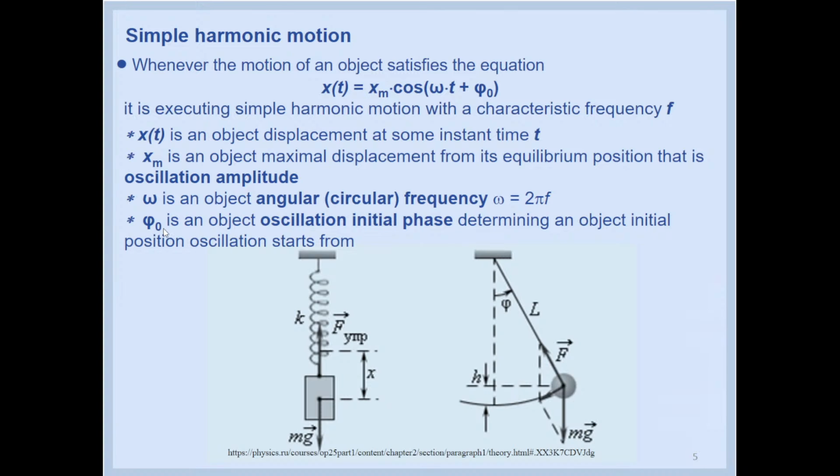This phi with the low index 0 is the initial phase, the oscillation initial phase, determining the initial position of the vibrating body, initial for the moment when this oscillation starts to be observed. And you can see that this equation of motion describes, identifying without any words, that kind of oscillation, that is mechanical oscillation.